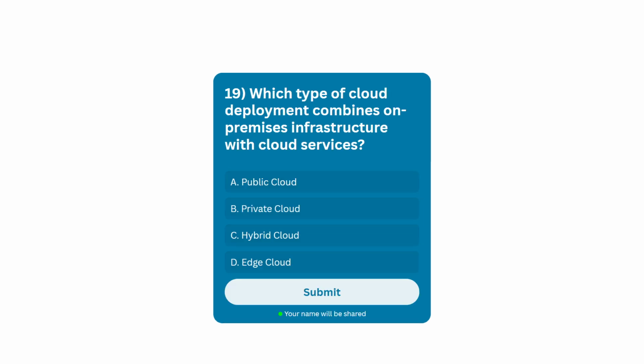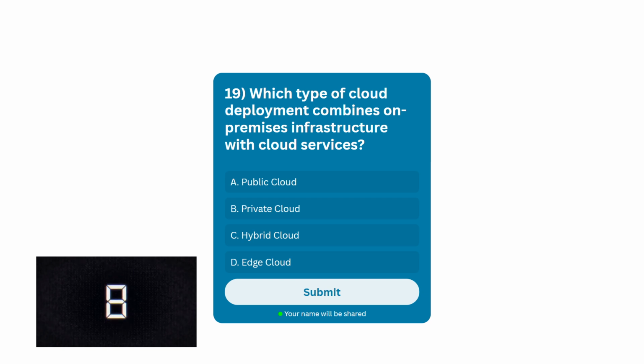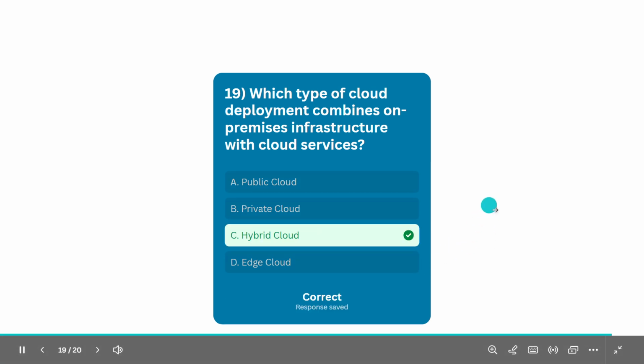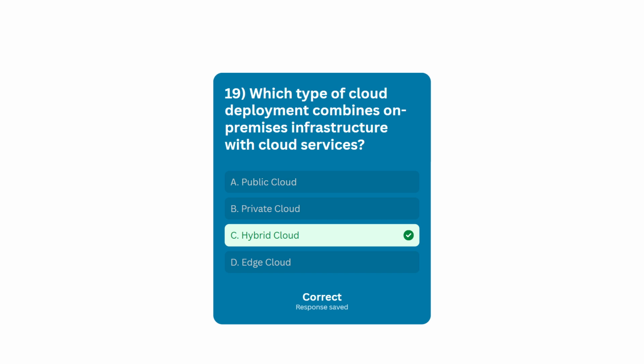Which type of cloud deployment combines on-premises infrastructure with cloud services? Hybrid cloud. Hybrid cloud connects on-prem systems with AWS services for flexible workloads and data movement.